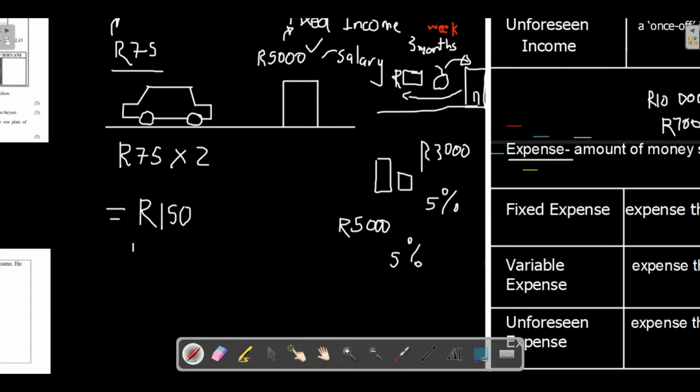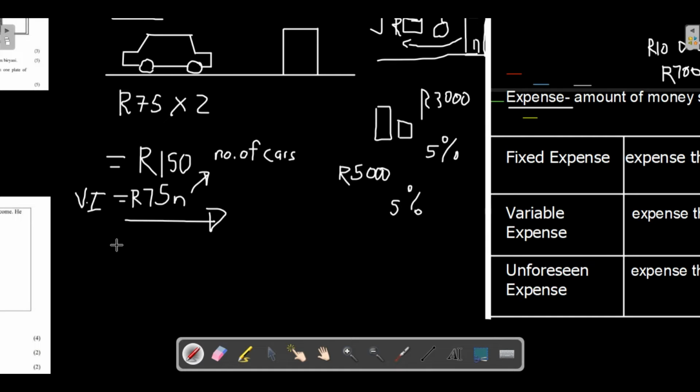So take that 75 rands and you multiply by n. So it will be 75n. That n refers to the number of cars that I have washed in that particular month. This is the formula that I use to calculate my variable income. And this again will differ, guys, depending on the number of cars you've washed.